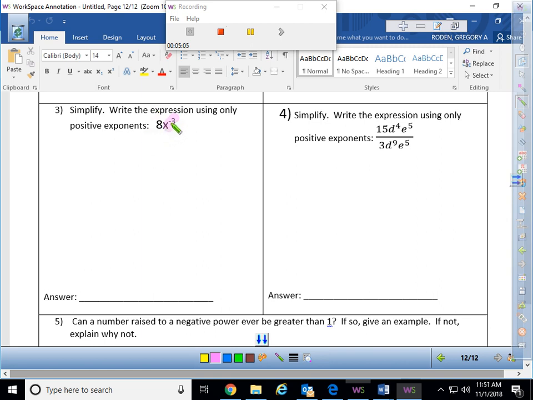So the 8 is actually going to stay on top because it is not affected by the -3 exponent. The x, though, is going downstairs because it's a negative exponent, and it's now to the 3rd power, because when we bring it down, we get rid of the negative. So the answer would be 8 over x to the 3rd power.